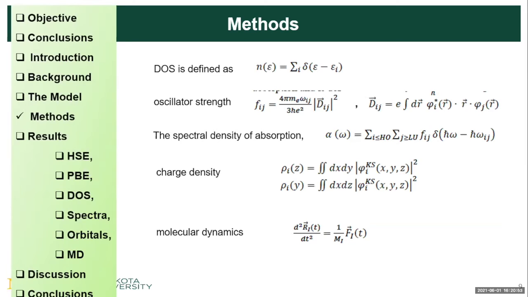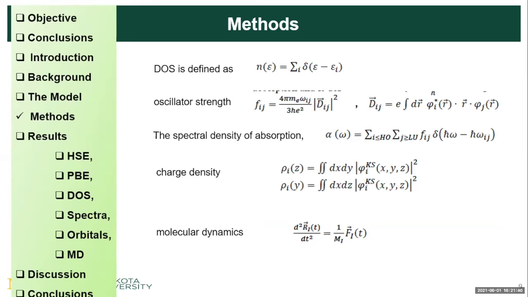This Fij, equal to this huge equation, is used to compute the oscillator strength, where omega ij is the angular frequency required to excite an electron from state i to state j, and dij shows the transition dipole moment for the transition from state i to state j.